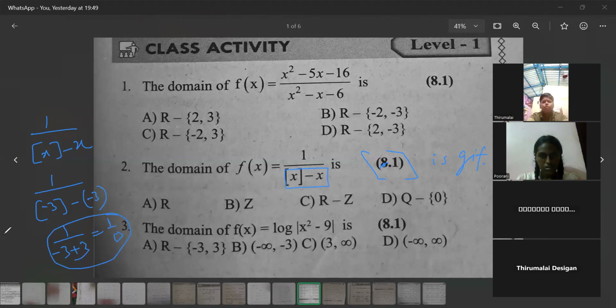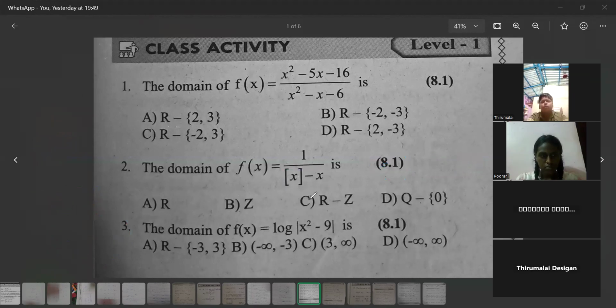So for each integer value of x, the expression is undefined, and for any value of x except integers it is defined. So real numbers minus Z. We have to exclude integers, that's why we are subtracting here.